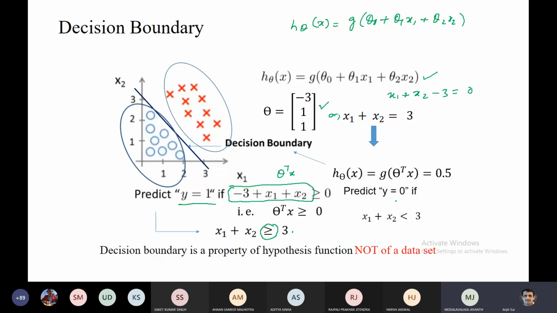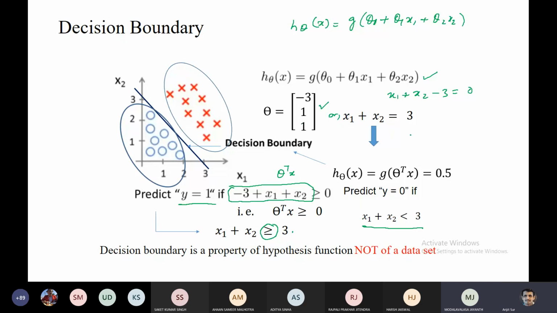And we predict y equal to 0 when g of theta transpose x minus 0.5 is less than 0, that is, when x1 plus x2 is less than 3.